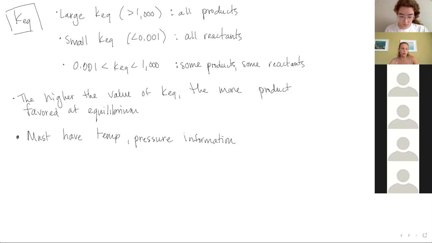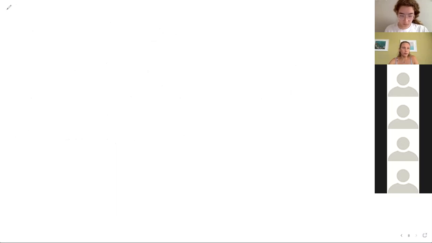Okay, so let's do another example. We have sulfur dioxide reacting with oxygen to make sulfate, I believe.